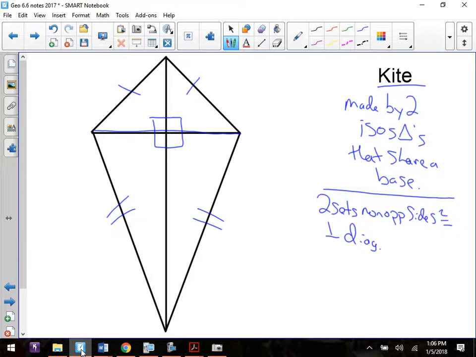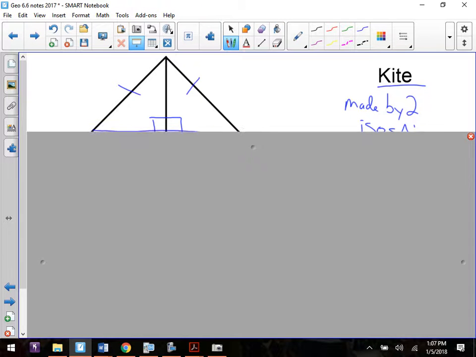And now here's where things start to get a little bit weird. When you have isosceles triangles, and I know we've dealt with them a lot today, if I cover up this bottom part, when I have congruent legs, my base angles are the same. You guys okay with that?